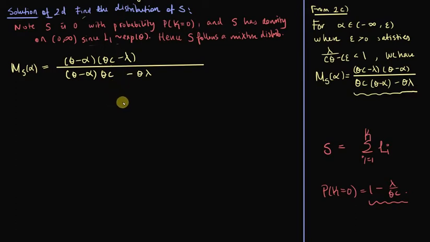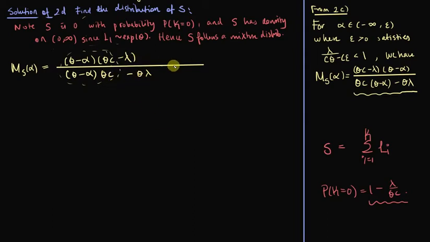If we try to look at the terms that are in the denominator versus the numerator, then you see that these terms are actually very alike. And in the denominator, what you have apart from these terms is minus theta lambda, whereas in the numerator, you have minus theta lambda plus alpha lambda. So the difference between the numerator and the denominator is the plus alpha lambda that is in the numerator.